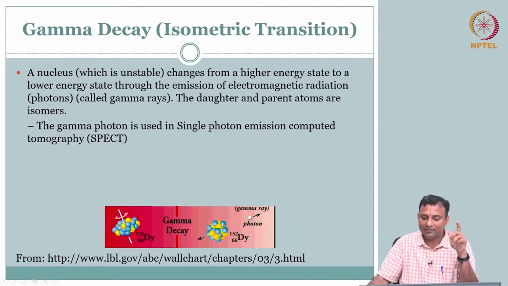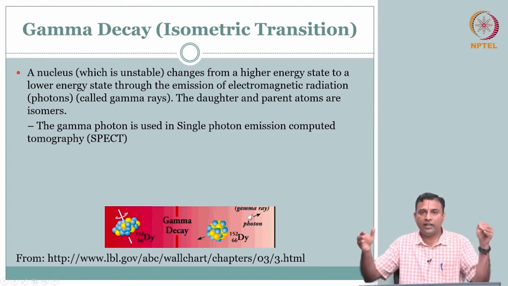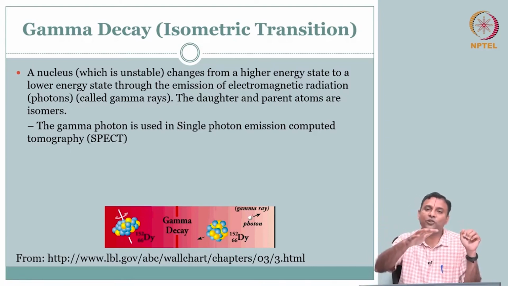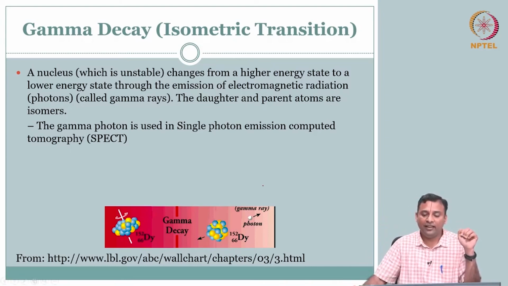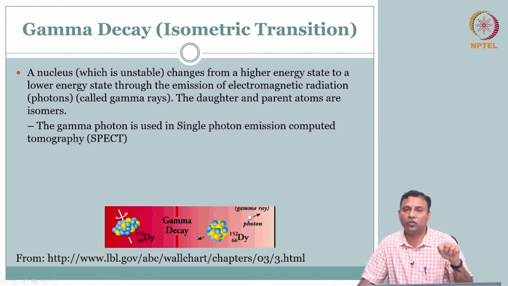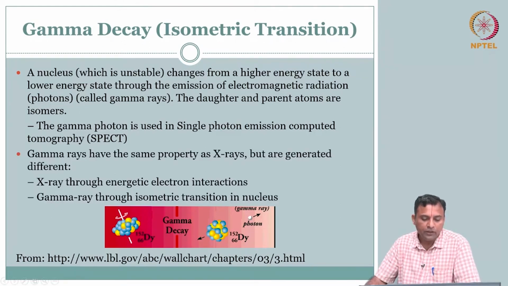So here, wherever the source is, it is going to decay and send gamma rays, and on the outside you have detectors collect the gamma rays, and then you use your algorithms to reconstruct and say where this single photon is coming from. That is the source of your radioactivity. The source of your radioactivity and how much radioactivity, those are the key things that we are going to exploit in nuclear medicine. Okay.